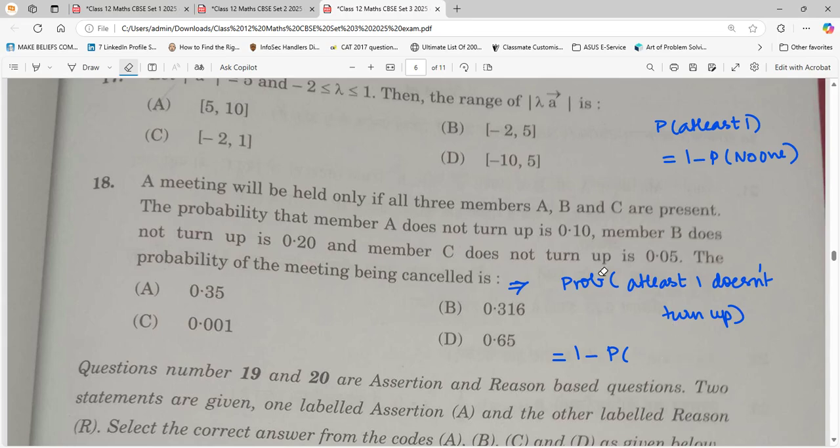It is 1 minus the probability of the case where everybody turns up. Probability of at least one not turning up is 1 minus probability of everybody being present.